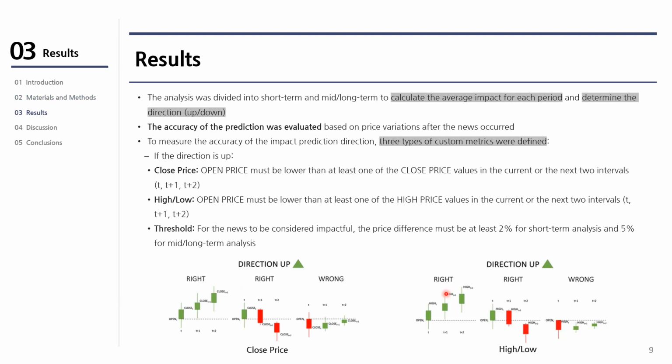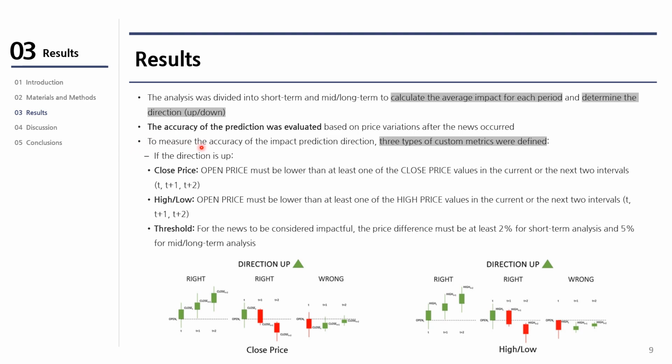In this study, the analysis was divided into short-term and mid-long term to calculate the average impact for each period and determine the direction. The accuracy of the prediction was then evaluated based on price variation after the news occurred.